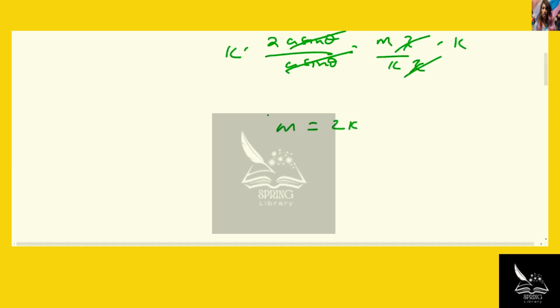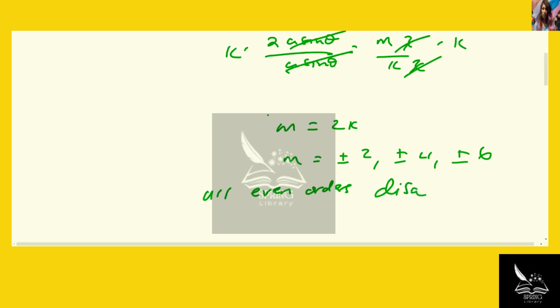That's the relationship we have. Or you could say m equals plus minus 2, plus minus 4, plus minus 6. So all the even orders disappear when you end up relating those two equations.